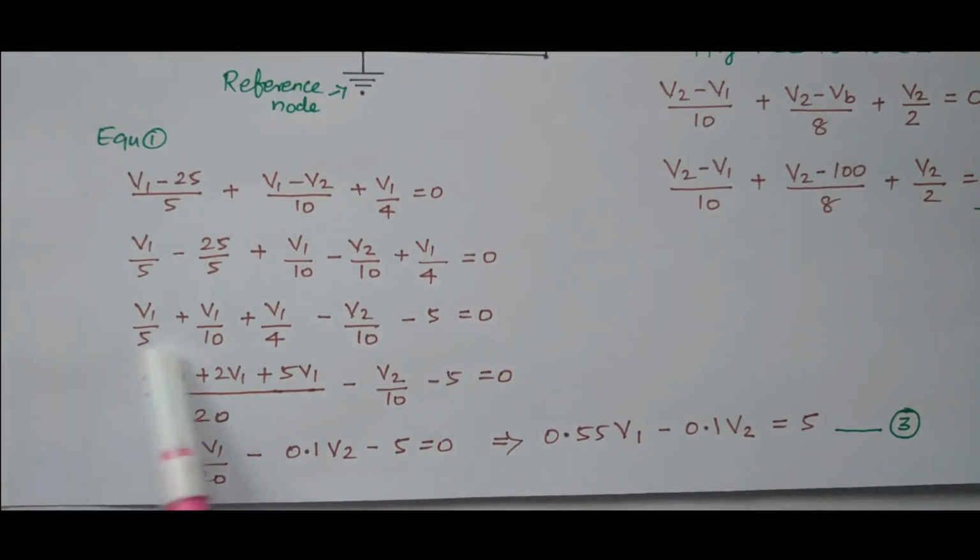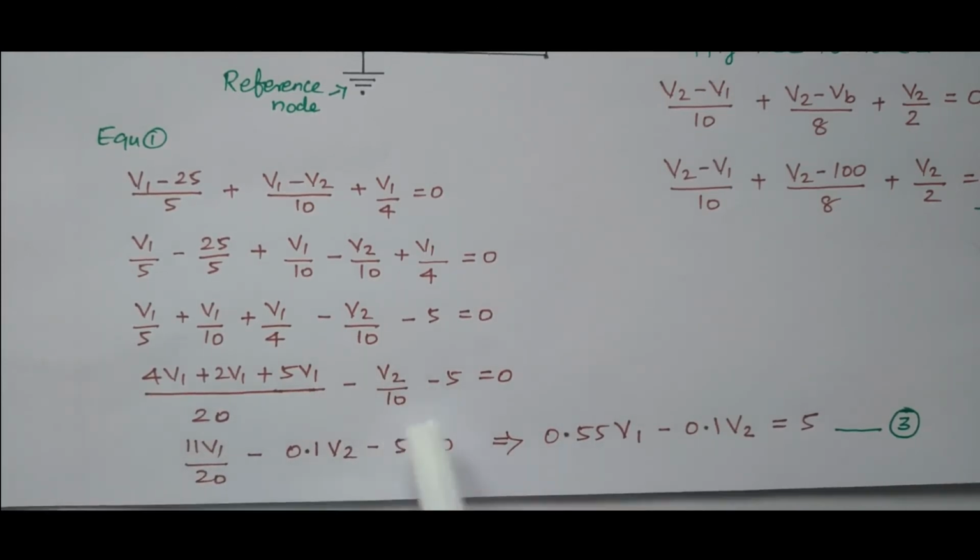Now we'll take the LCM for 5, 10 and 4. The LCM is 20. In 20, 5 goes 4 times, so 4V1. In 20, 10 goes 2 times, so 2V1. In 20, 4 goes 5 times, so 5V1. So this is normal simplification by LCM.